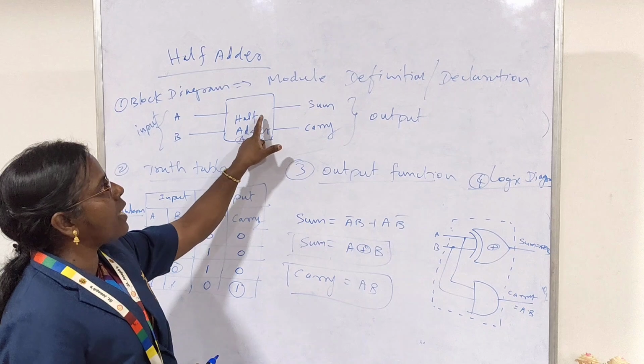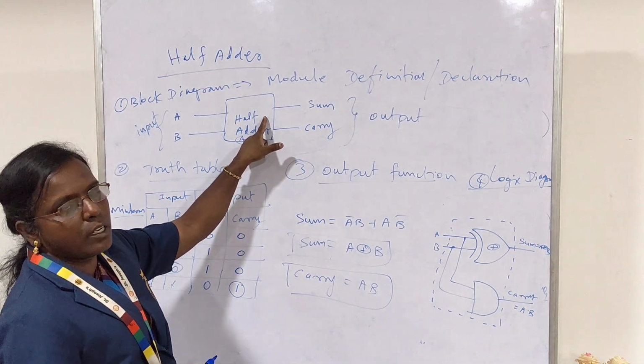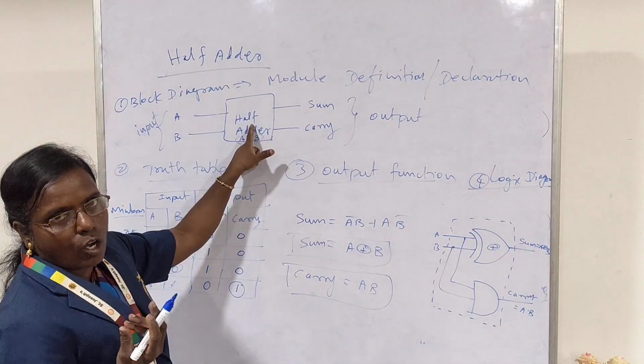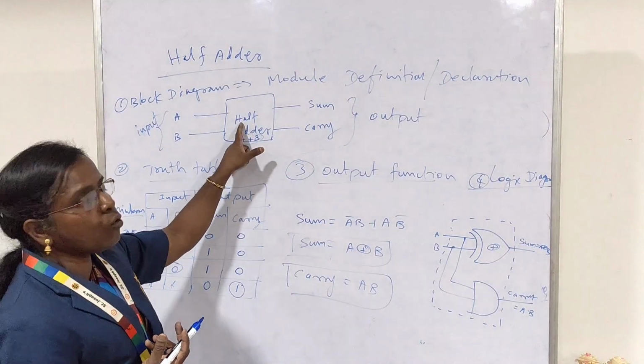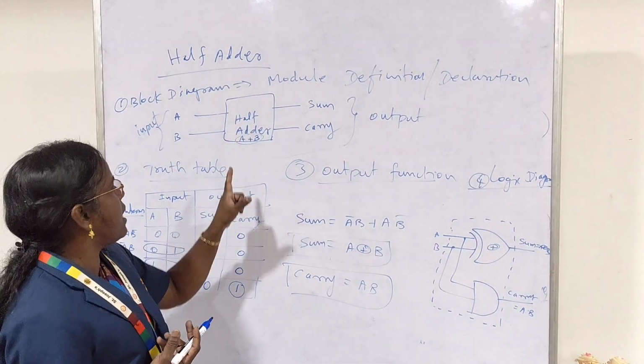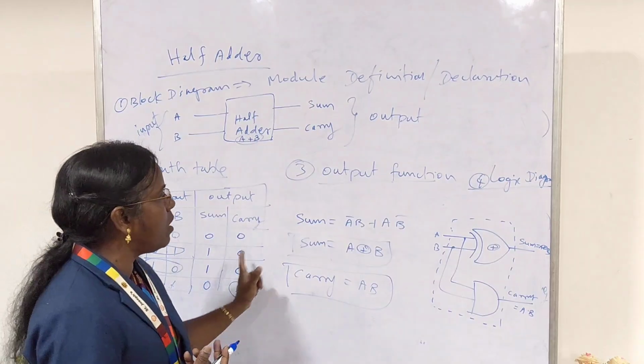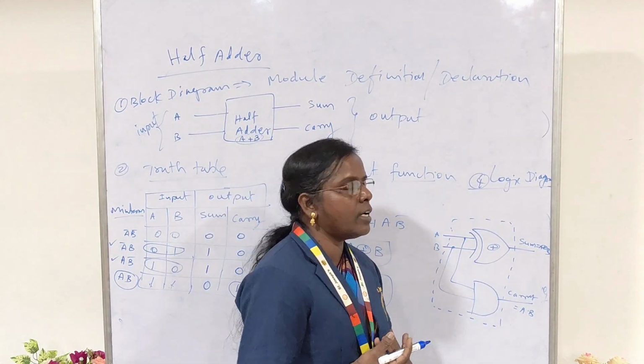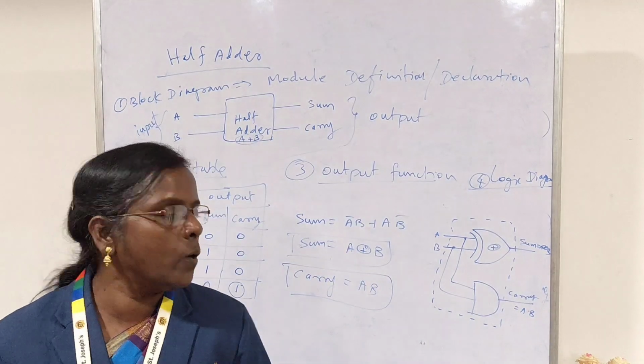So this is only the block diagram we have implemented here. What is the architecture inside the block diagram, the internal logic diagram? That we don't know initially. That is derived by using the truth table and the Boolean function. From the Boolean function, it has been implemented as a logic diagram.